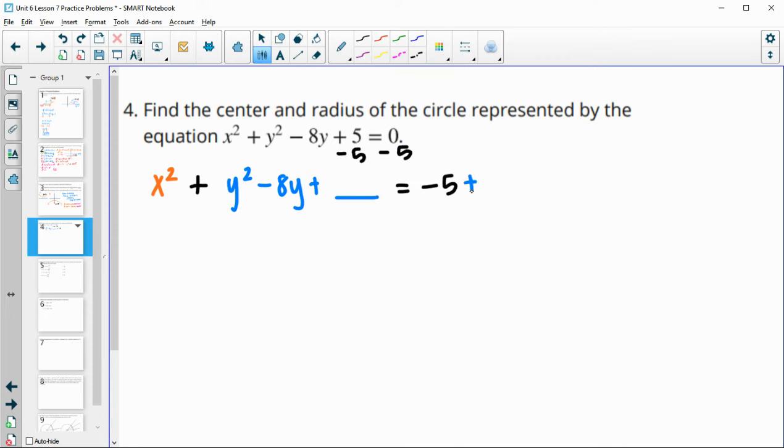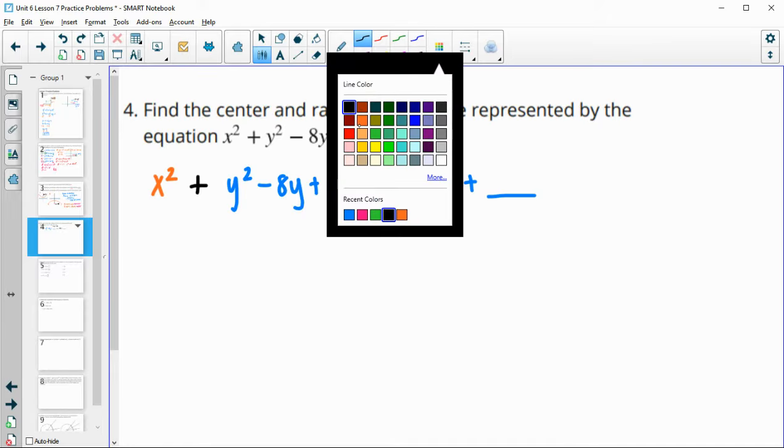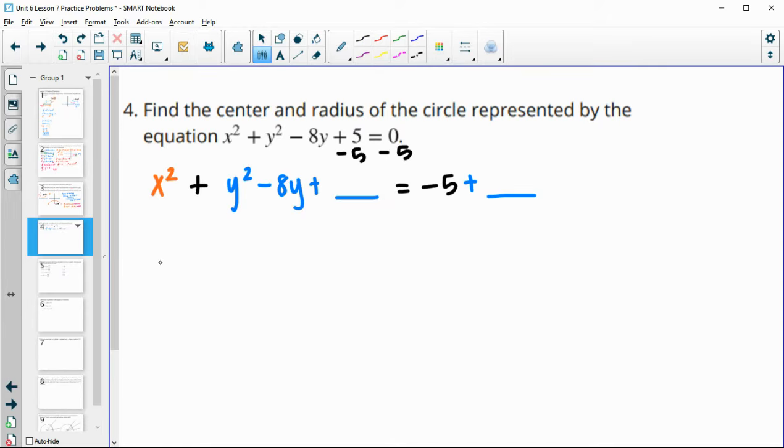And then we're going to need to make sure that we add whatever we use to complete the square here. So this part's already done. We've got our perfect square here, just x squared. If you want to think of it as x minus 0, you certainly could. So let's complete the square with the y part.